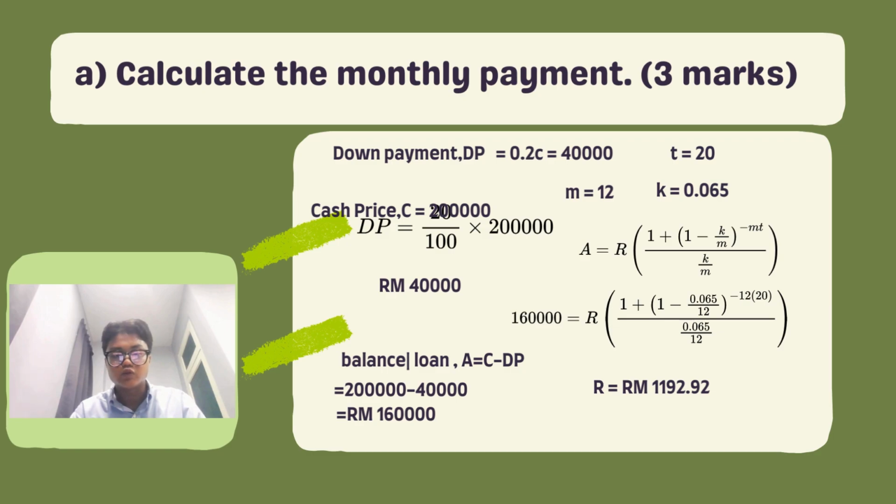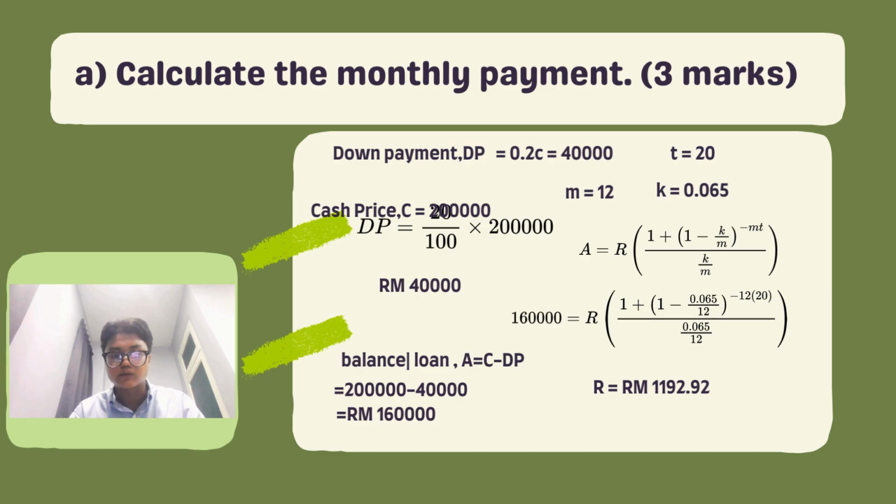From this question we have to use the present value formula again. A equals R bracket 1 plus 1 minus K over M to the power minus MT divided by K over M. So we just add back the amount that we get from the previous question. R is 11,092 ringgit 92 cents.